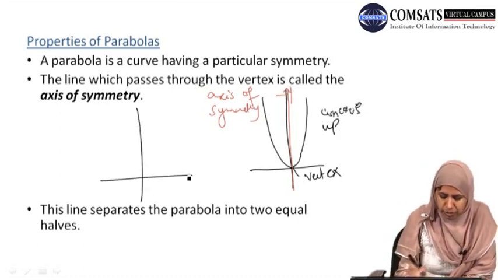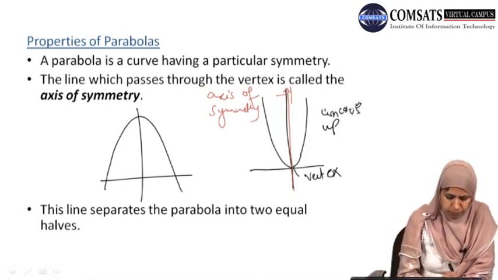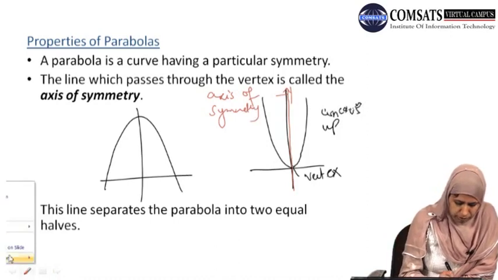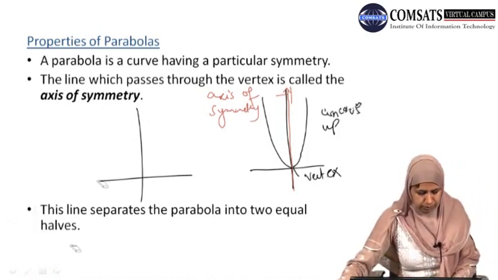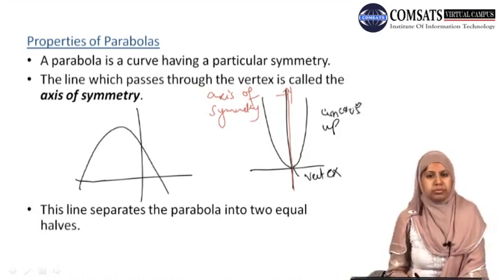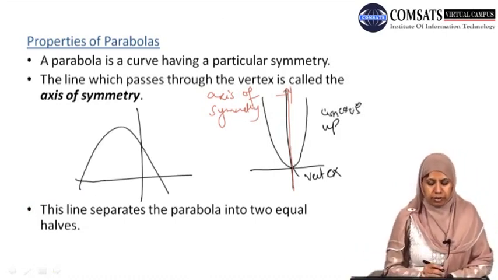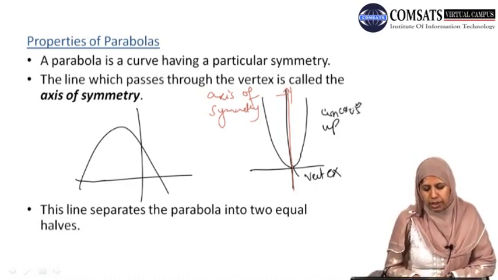To understand it more clearly, let us consider a graph. Let me draw one more. A graph, let's say, which is like this. This is a curve, the graph of a quadratic function, namely a parabola.